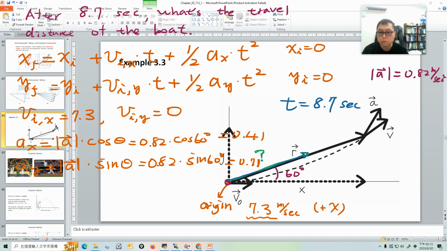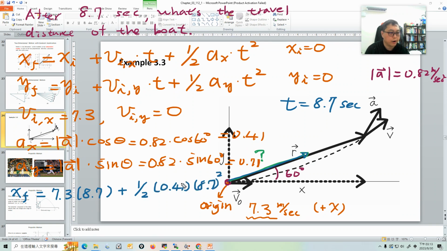So, okay, let's do the calculation. What's xf? The initial x is 0, so it's vix, 7.3, times 8.7 seconds plus 1/2 times 0.41 times 8.7 seconds squared.